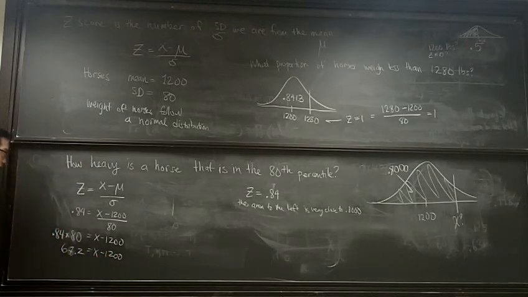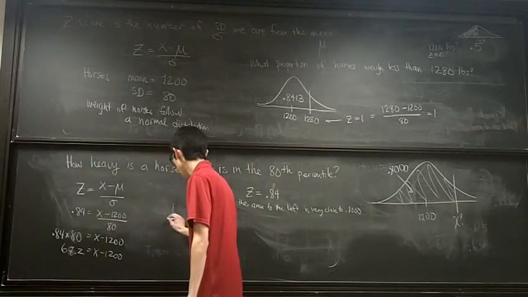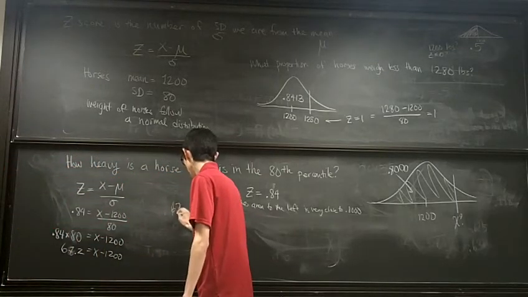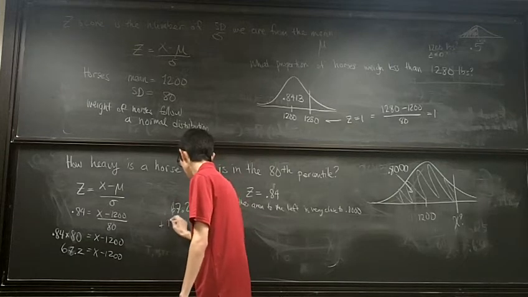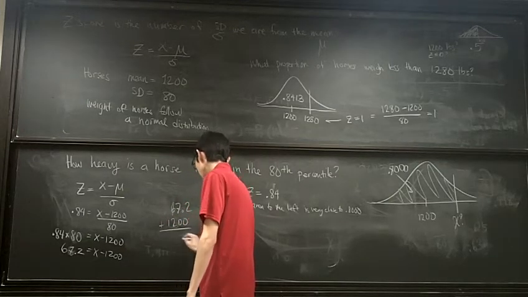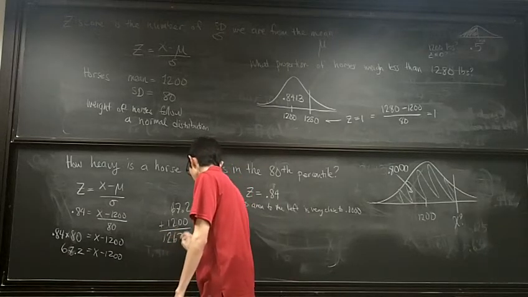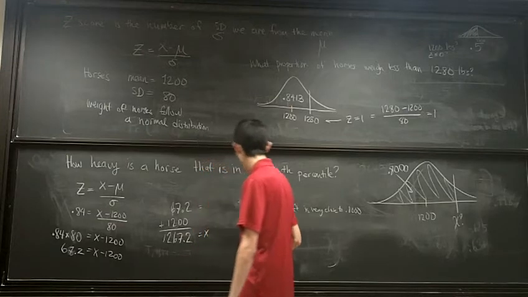If my mean is at 1,200 pounds, where does that take my x? Well, I add 1,200 to both sides, and I have 67.2 plus 1,200 equals x. So x is 1267.2.